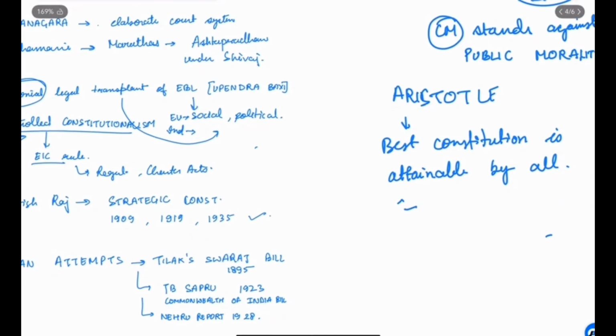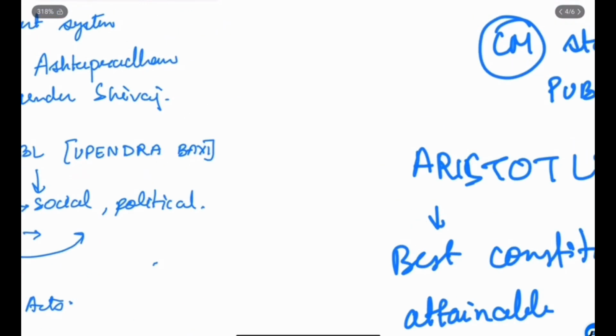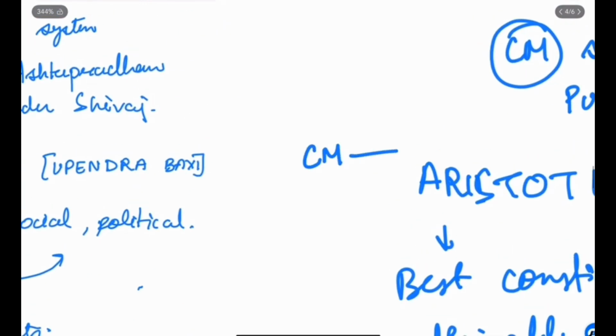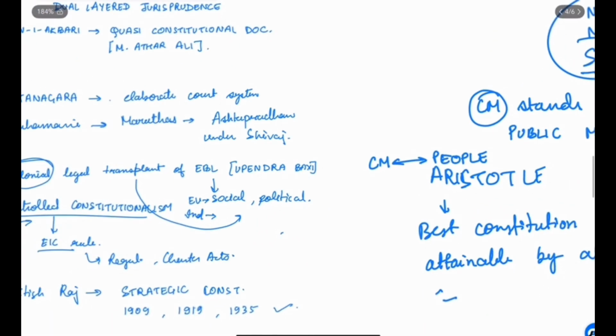So that is one example. And constitutional morality and people, this is that link. We can write it like that. Not just people derive morality from constitution, but constitution also derives morality from people.